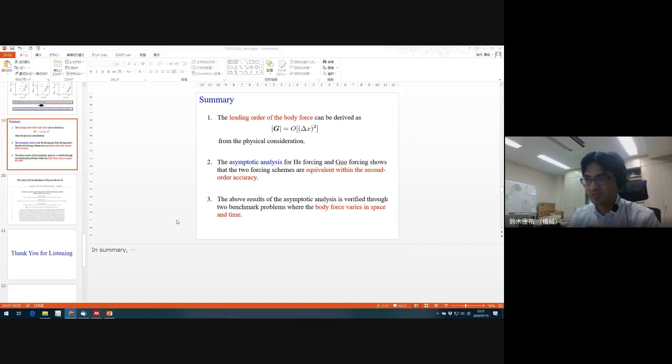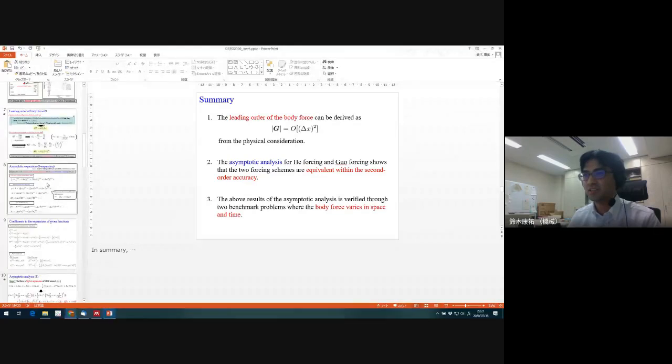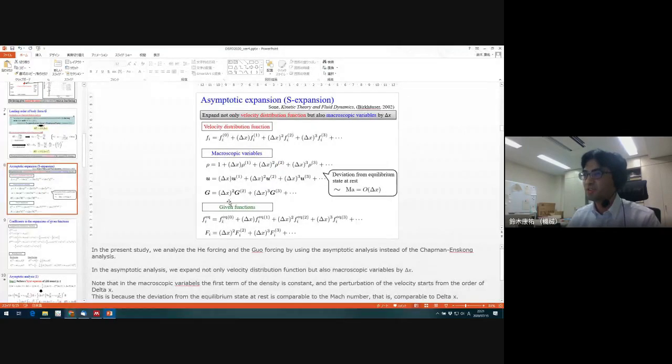So for this case, we have to perform asymptotic analysis with other assumptions. So we have to change the asymptotic expansion in such a case, I think.